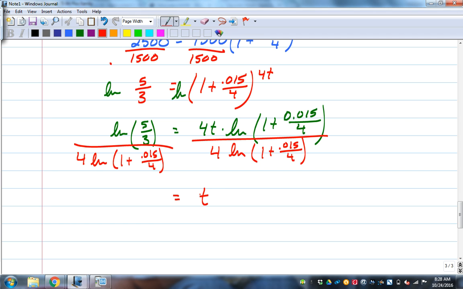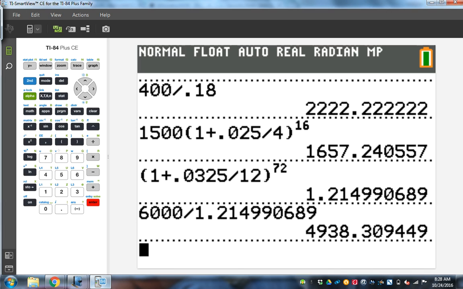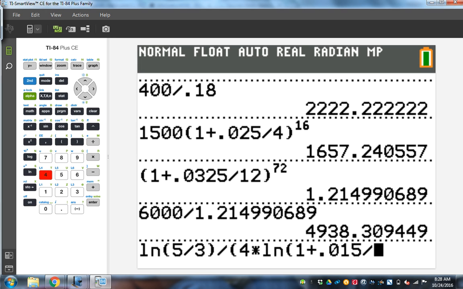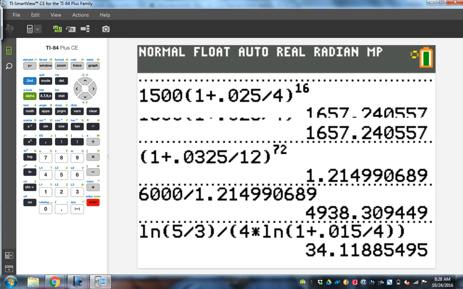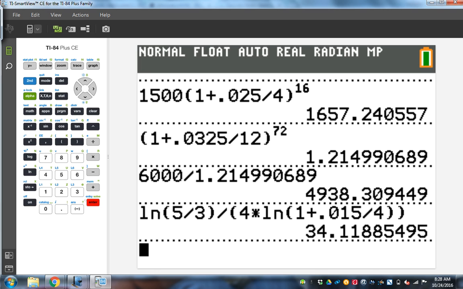That's going to get me t. So on the calculator, I'm going to do natural log of 5/3 divided by, and then parentheses, 4 times the natural log of 1 plus 0.015 over 4, close parentheses twice, and enter. Let's go 2 decimal places: 34.12 years.